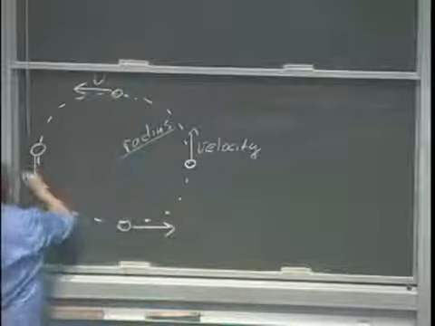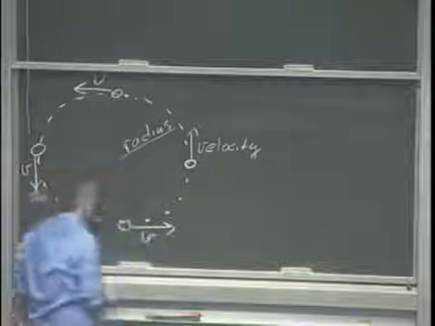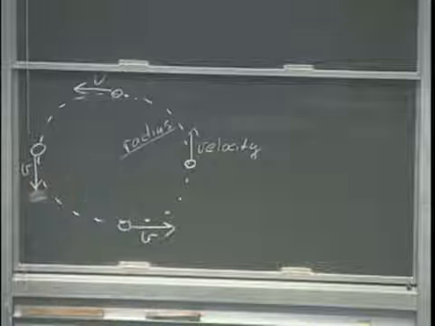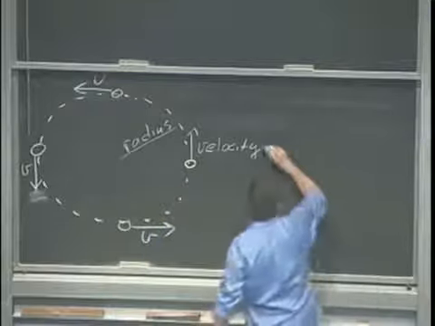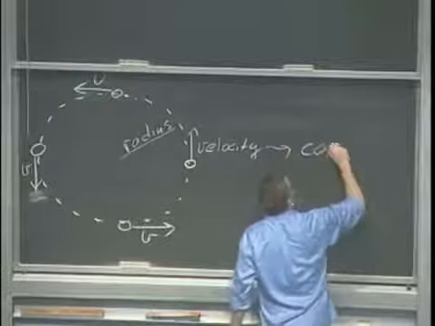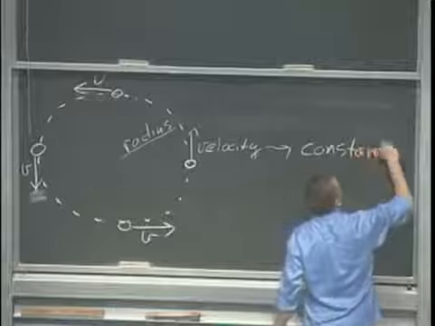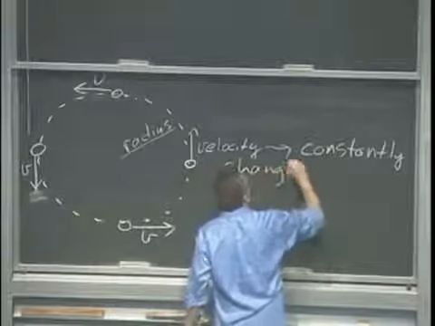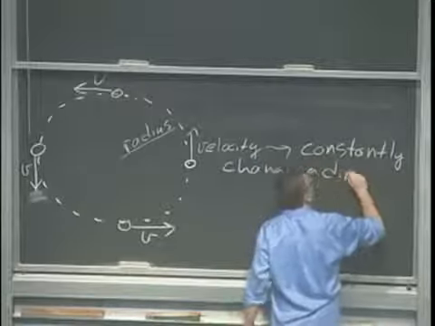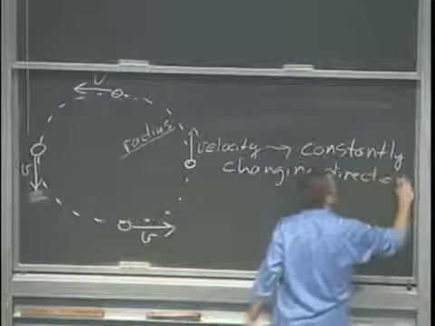So we know that is the velocity vector at each point. Okay, so now the key point is that the velocity is constantly changing direction when this object is moving around in a circle.